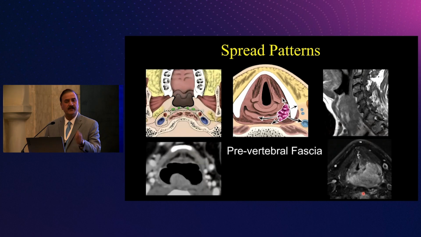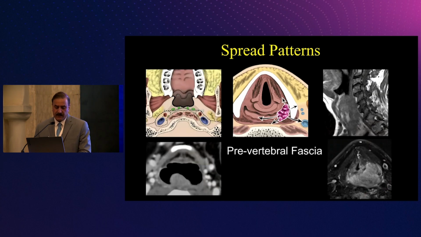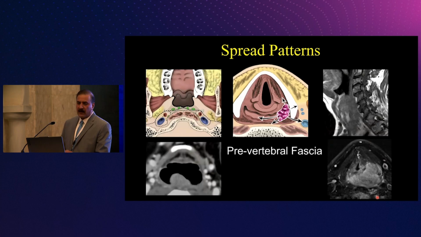If they can move the fascia, prevertebral fascia is not involved, they can continue with their surgery. So you have a little bit of leeway there that the surgeon will also help you out. But if you have something like this, when you see some enhancement, when you see some signal within the longus colli capitis muscle, that's it. It's definitely involved and you call it. But if you're not sure, undercall it rather than overcall it.